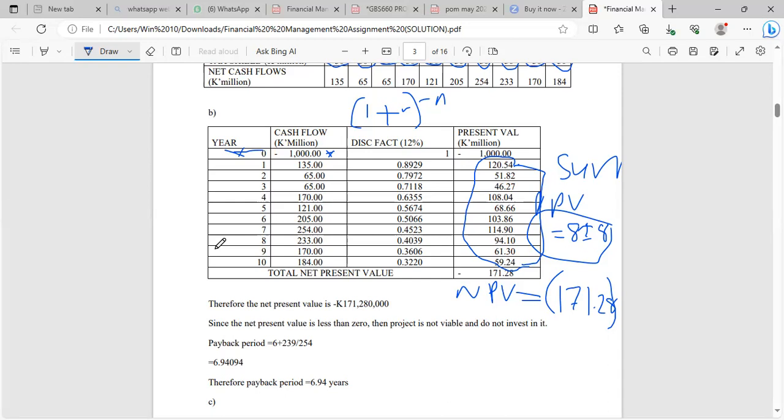I'm doing it again. 135 plus 65 plus 65 plus 170 plus 1.1 plus... You got how much?